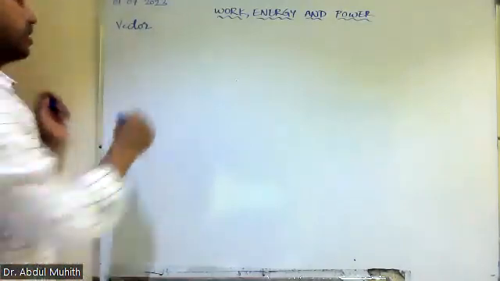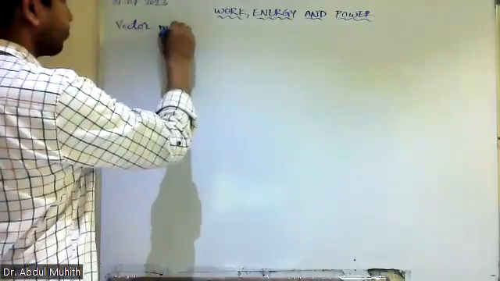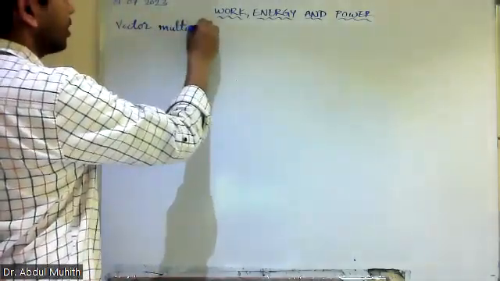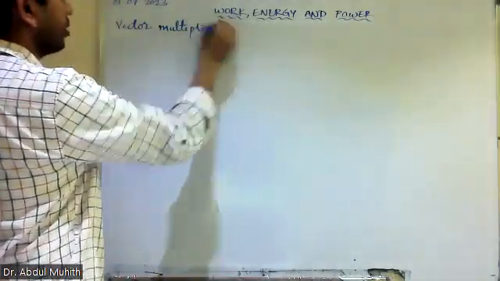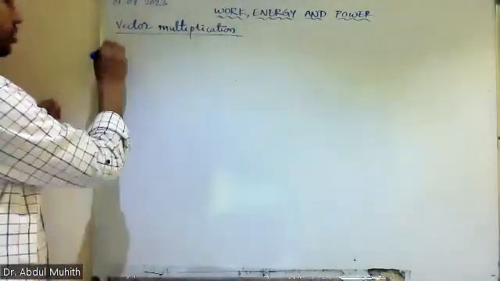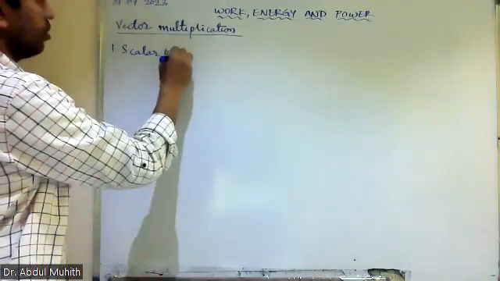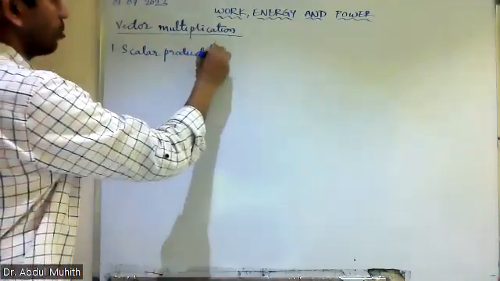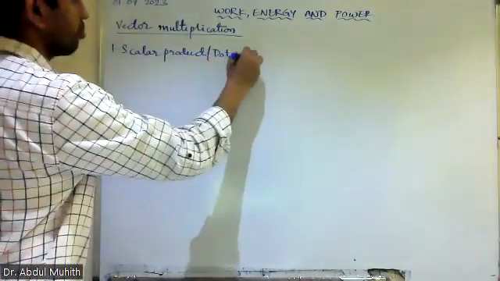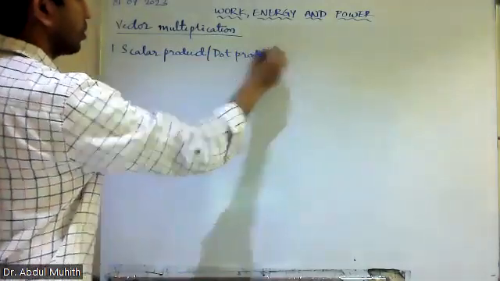Now, vector multiplication. In vector multiplication, we have scalar product and vector product. Scalar product, also known as dot product.